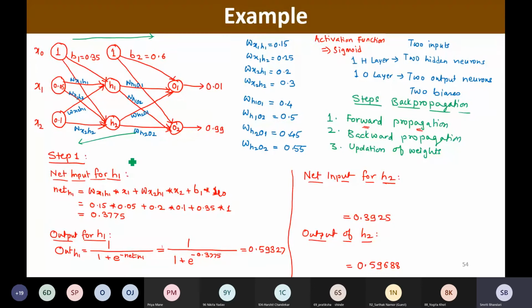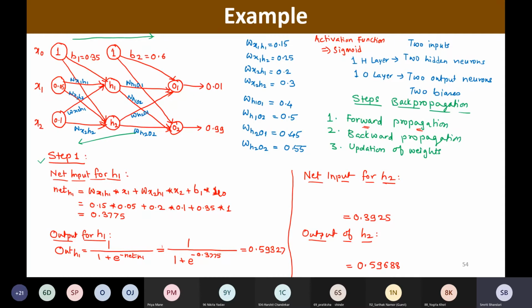So how to actually implement this process? We have seen the first step in this process, forward propagation. See here what we did in the last class. The input is being provided to the hidden layers, right? So we computed the net input for each of the neurons at the hidden layer.